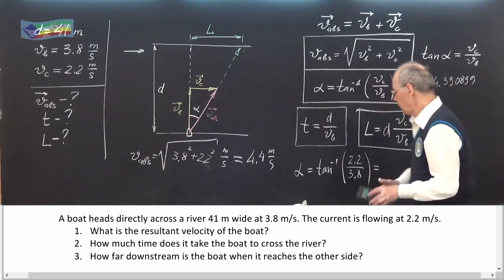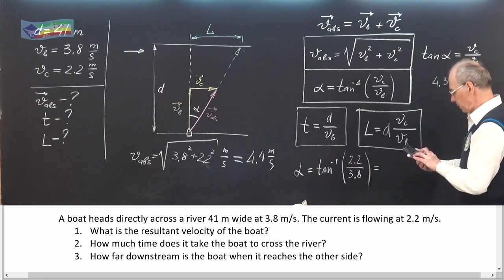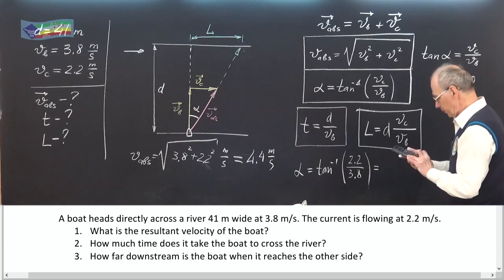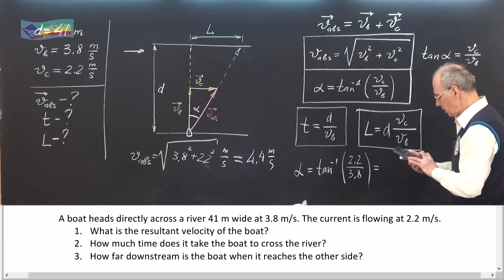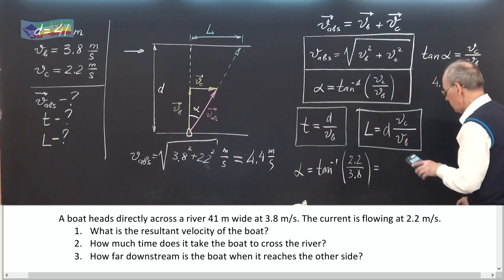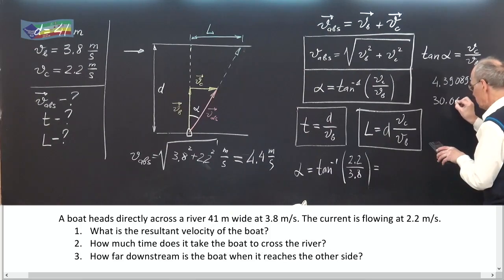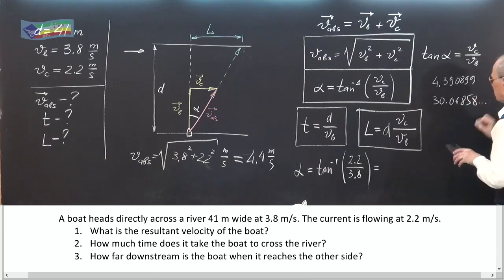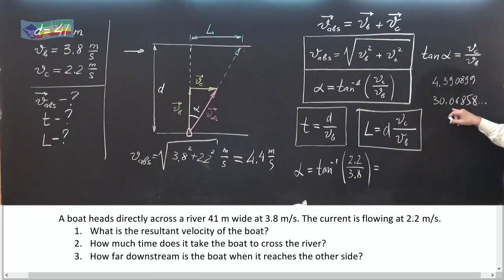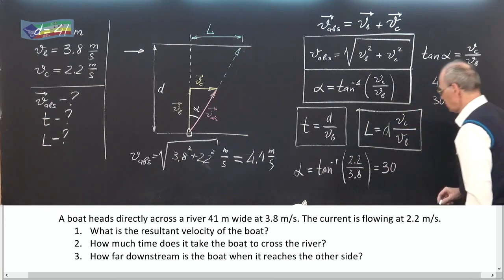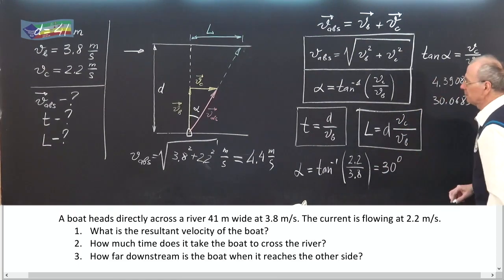Shift tangent 2.2 over 3.8 gives 30.06856 and so on. We must round it to two significant digits. 30 degrees.